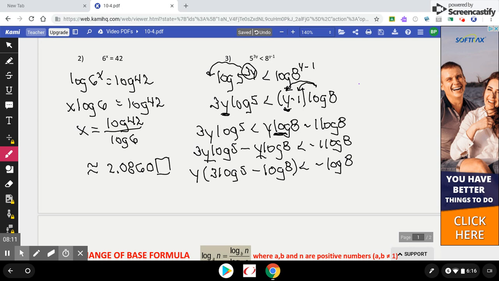So guys, sounds crazy, but hey, logs can be done in the calculator. I have y times that mess. So I'm going to divide by that mess. And yes, I'm going to write the word mess, but I am not going to type it in the calculator that way. I got y by itself. So, hey, when you type it into the calculator, you're going to have to type it this way.